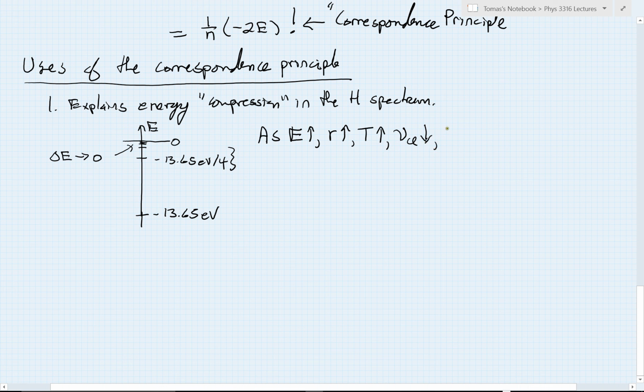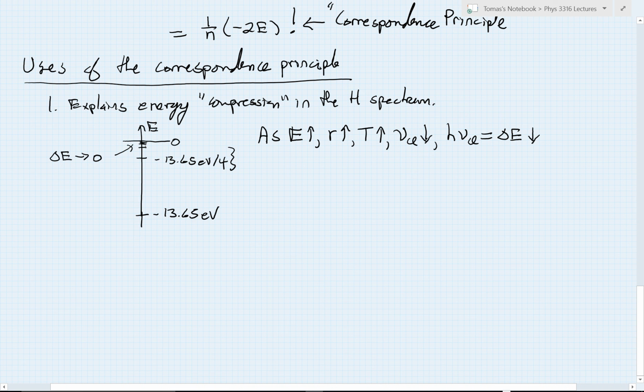And that means then that the product of Planck's constant and that classical frequency, which we know must match the energy spacing in the spectrum, must be going down. So this simple correspondence argument, when you follow through the chain of logic, teaches you that increasing the energy in the system, we should expect to see the spacings get closer and closer together, and that's exactly what they do.